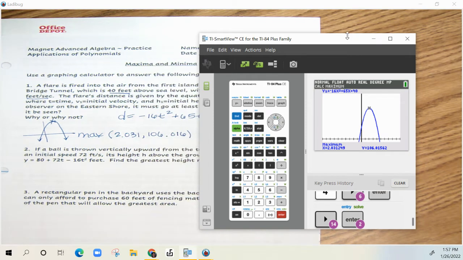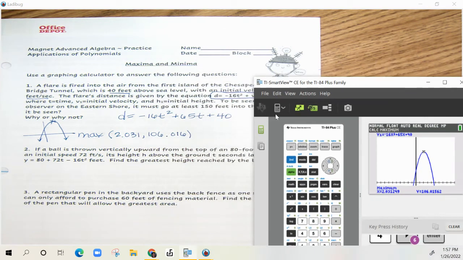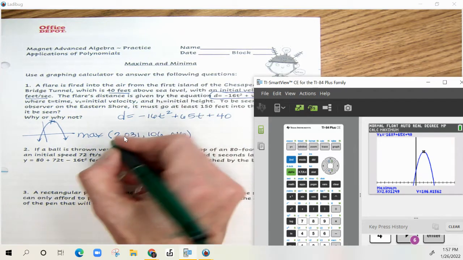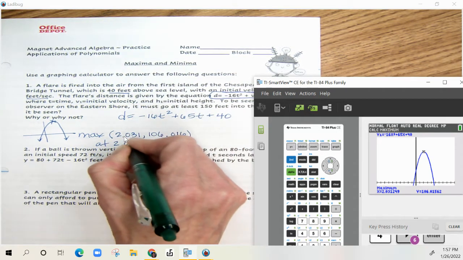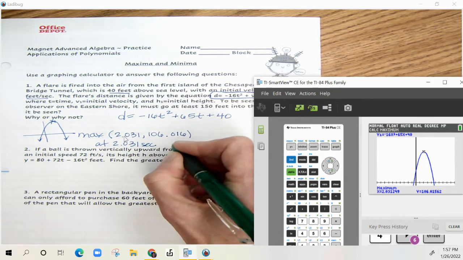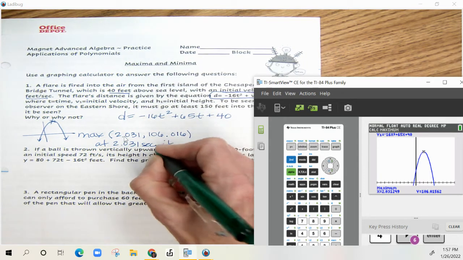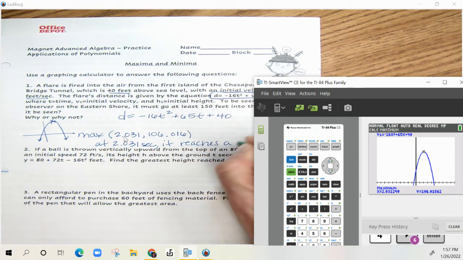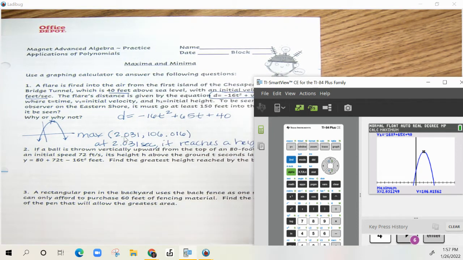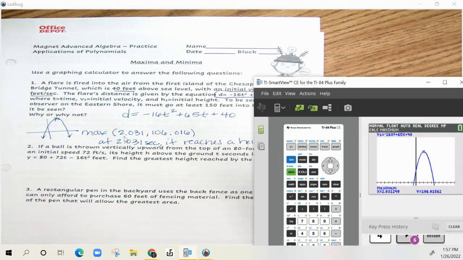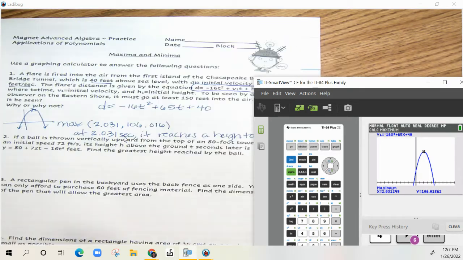So how that translates to the context of this problem, since when I put this in the calculator, it was representing this equation, then the x-coordinate must represent t, or time, in seconds, and the y-coordinate must be distance, or height, in feet. So this means that at 2.03 seconds after it's fired, it reaches a height of approximately 106 feet, cutting off the decimal there.